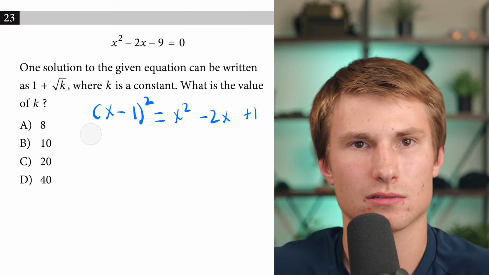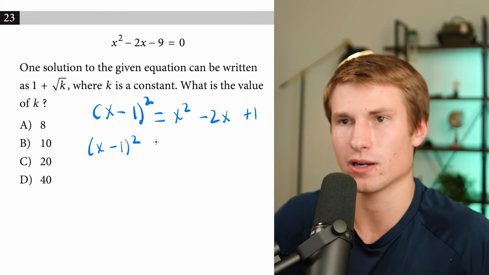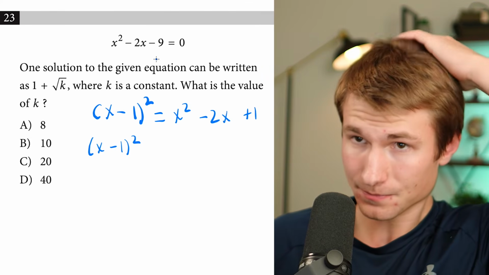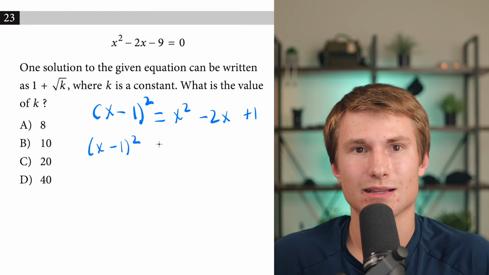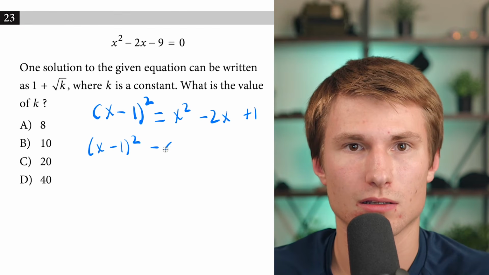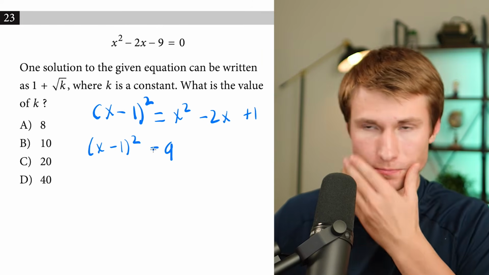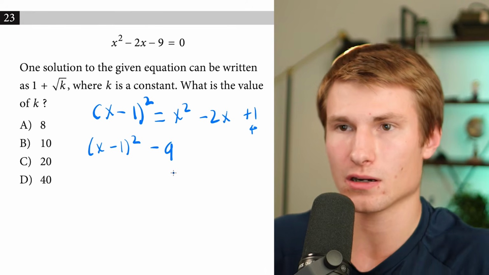So to do that, let's do x minus 1 squared. We have this minus 9, but we're going to end up subtracting 1 from it. The reason is that, as you see, this gets this plus 1 over here.